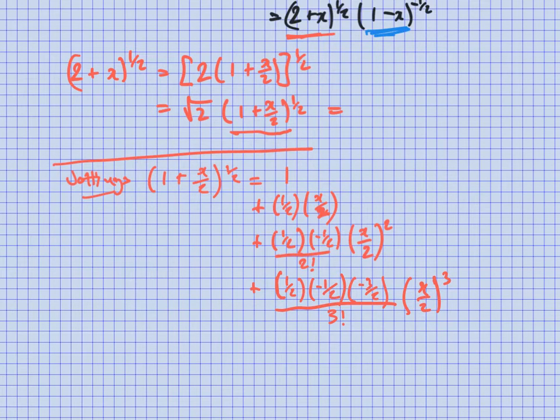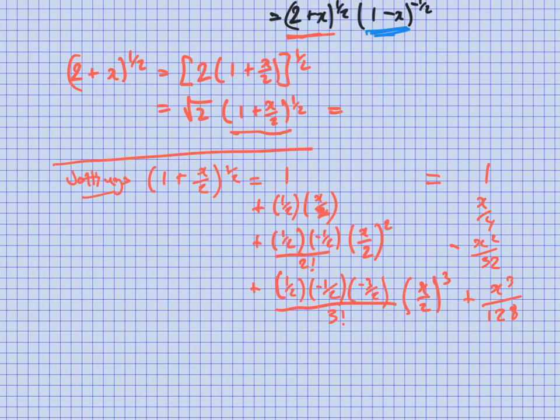Now this, if I simplify each term, gives me 1, x over 4, and thinking that one through, minus x squared over 32, and the last one will be plus x cubed over 128.